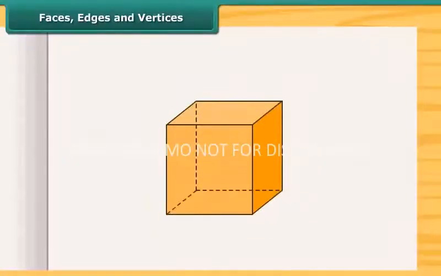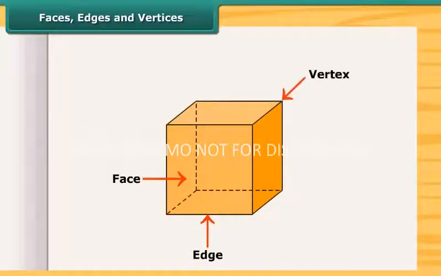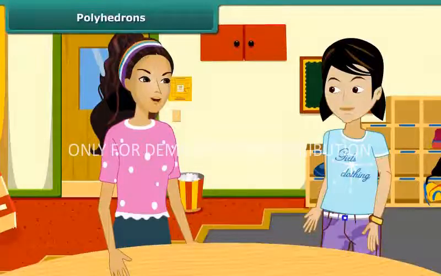Look at this cube. This is the face of a cube. This is the edge of the cube and this is the vertex of the cube. An edge is a line segment where the faces meet. And the vertices are the points where the edges meet. Do you know what we call a solid having flat faces, edges and vertices?